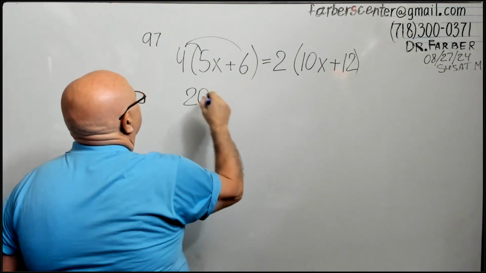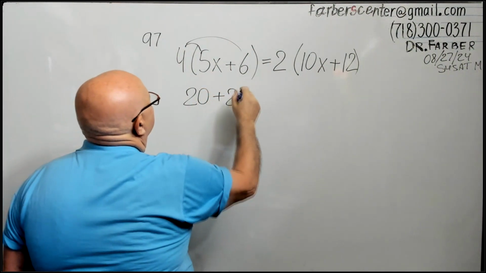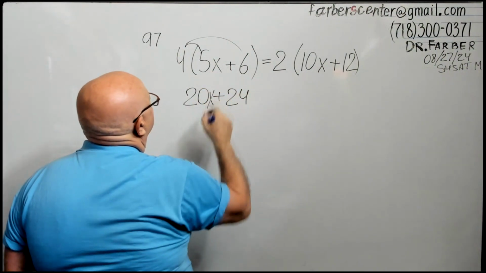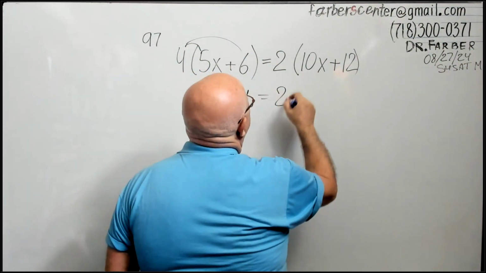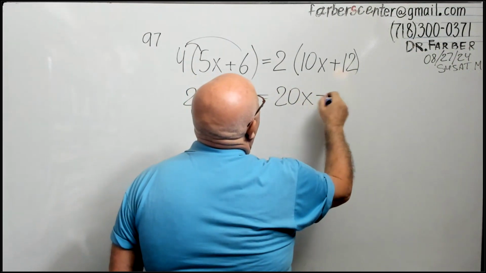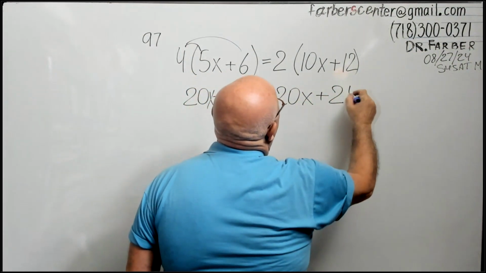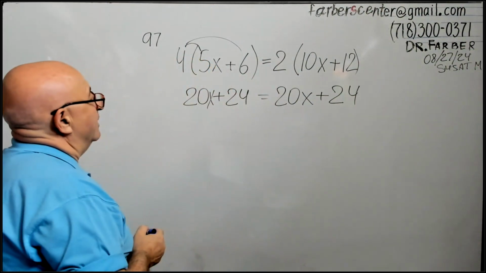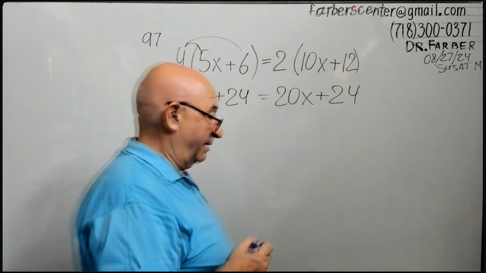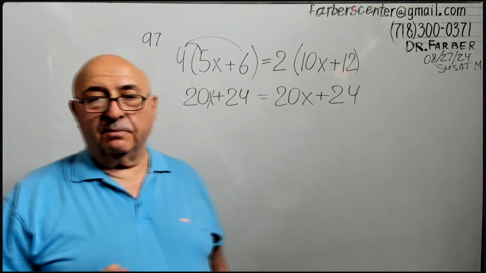20x plus 24 equals 20x plus 24. And the left part is exactly like the right part.